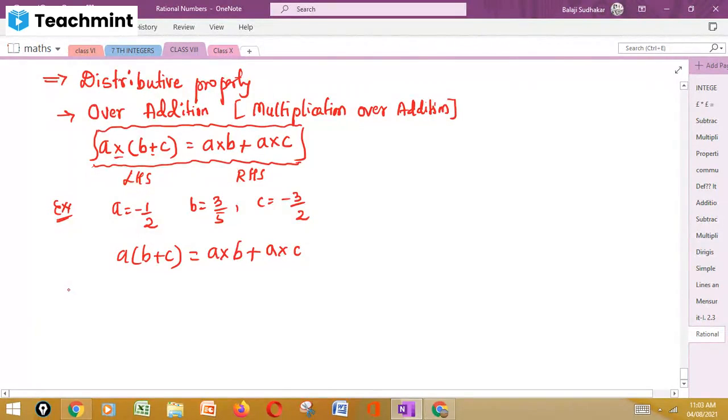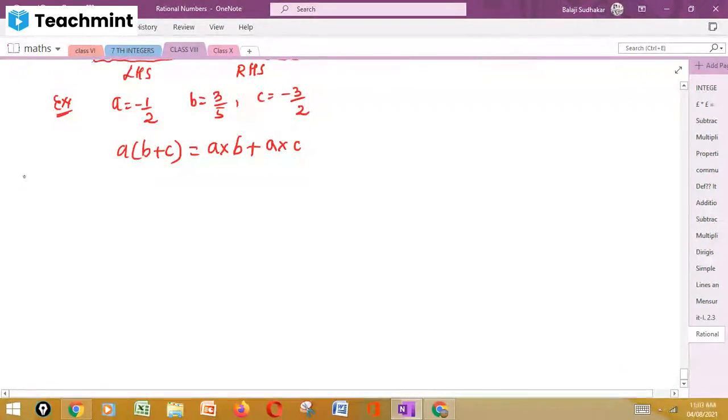Now I want to put in the values. A as minus 1 by 2, and keep the bracket: 3 by 5 plus C, which is minus 3 by 2. Write the bracket in this way.